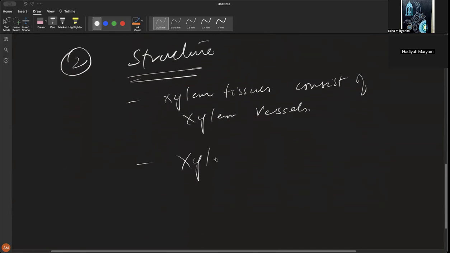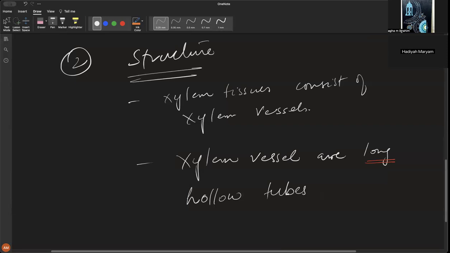The xylem vessels are long, hollow tubes. Long hollow tubes stretching from root to leaf.